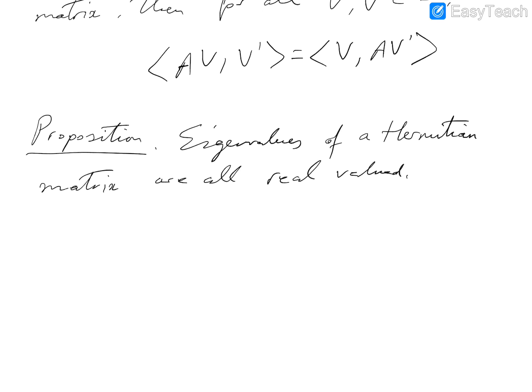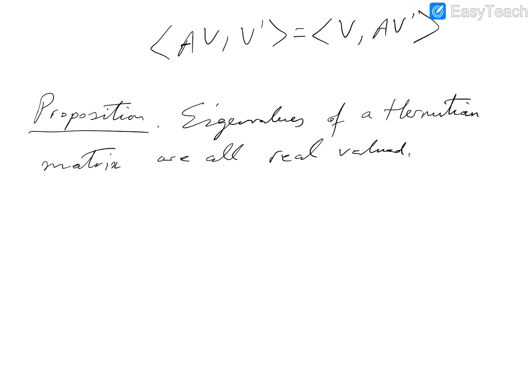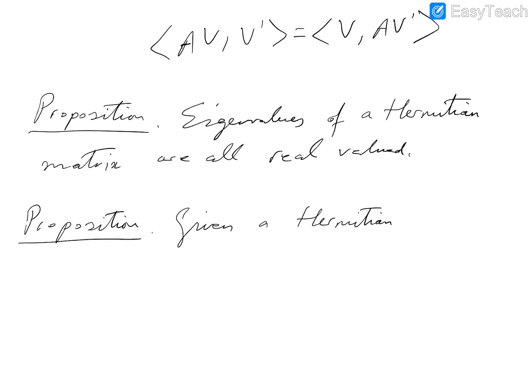Okay, and finally, another proposition: given a Hermitian matrix A, distinct eigenvectors of A, which have distinct eigenvalues, must be orthogonal.